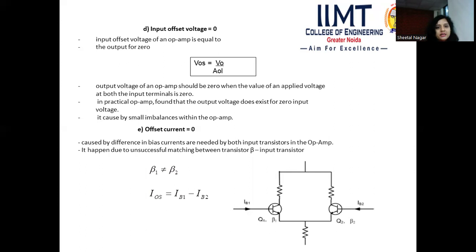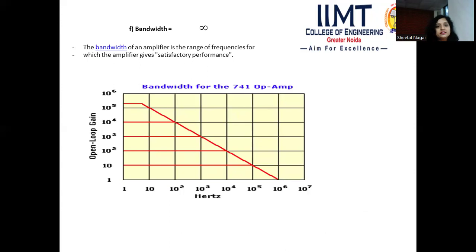Practically, an operational amplifier has an output voltage for zero input voltage, caused by small imbalances within the amplifier. The next characteristic is offset current. It must be zero, but practically this is also not possible.